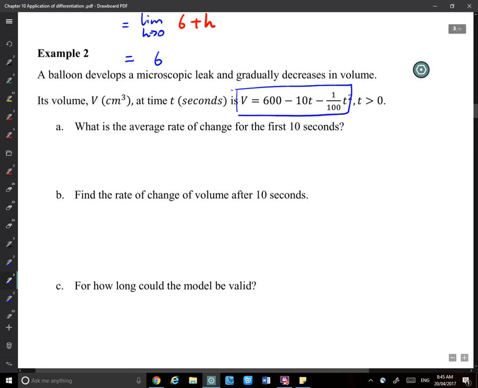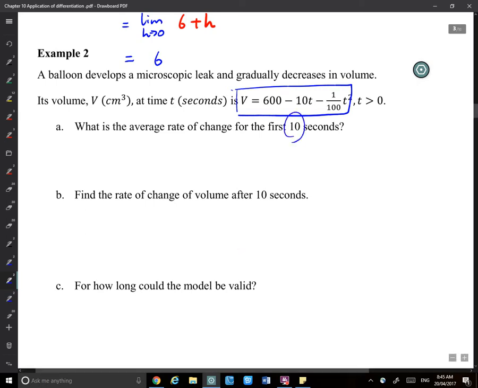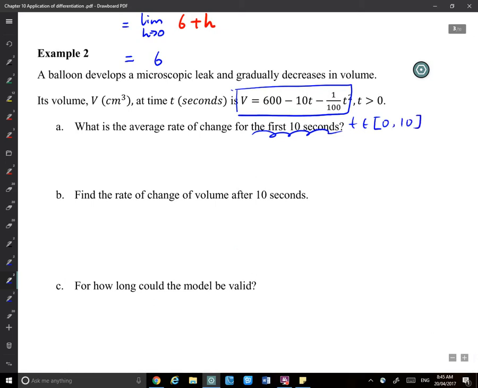What is the average rate of change for the first 10 seconds? Be careful. In this case, you can only see one number, which is 10. But the description is the first 10 seconds. It's not only at the point 10, it's for the first 10, which means t belongs to 0 to 10.